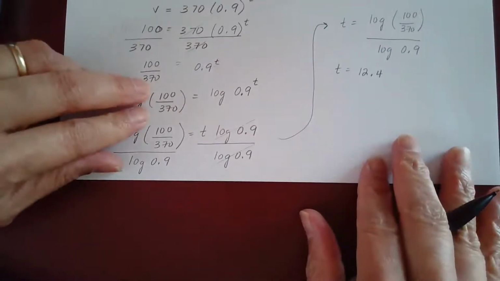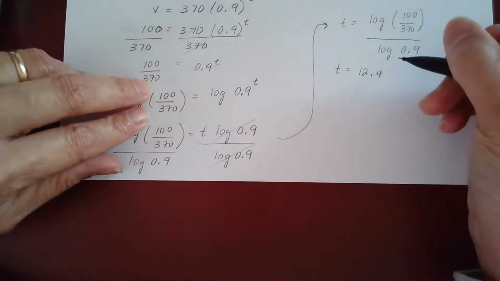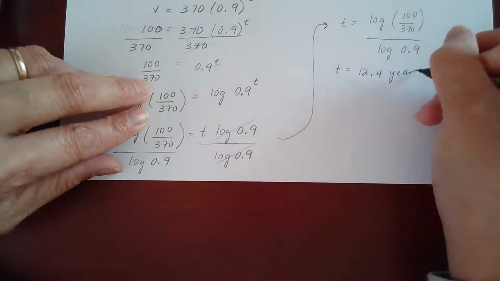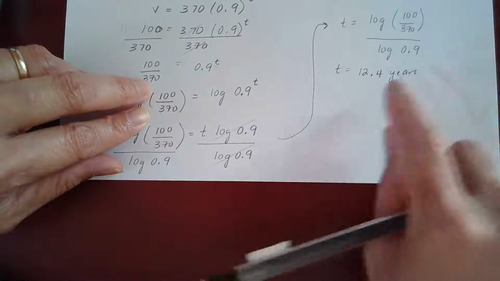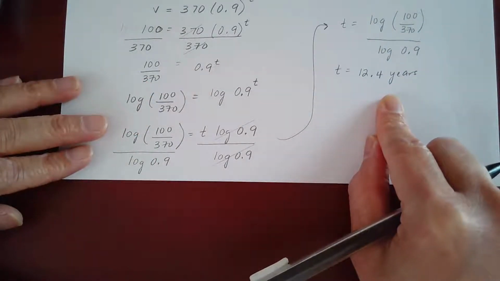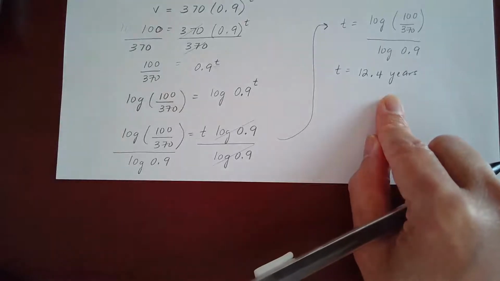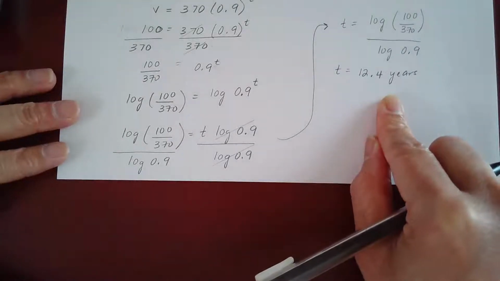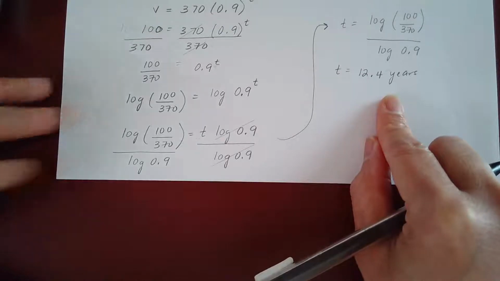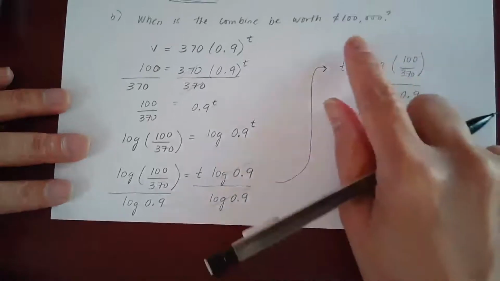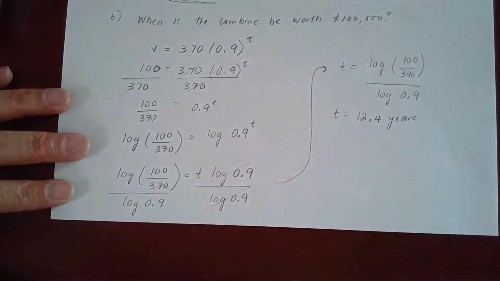So that's approximately 12.5 years, 12 and a half years. Okay, so it takes about 12 and a half years, or 12.4 years, for this machinery to be worth 100,000.